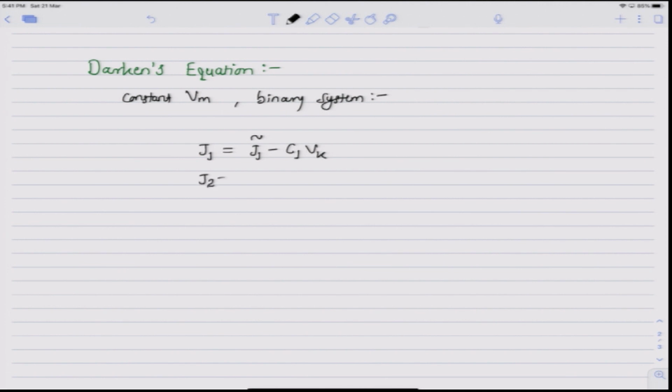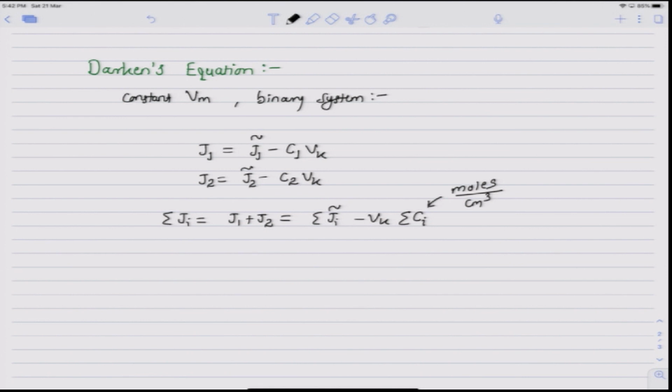Write the equation for 2, it would be J2 tilde minus C2 times Vk, and if we take the summation, which is basically J1 plus J2, that should be equal to summation of Ji tilde minus Vk times summation of Ci. Now Ci is the concentration in moles per centimeter cube.